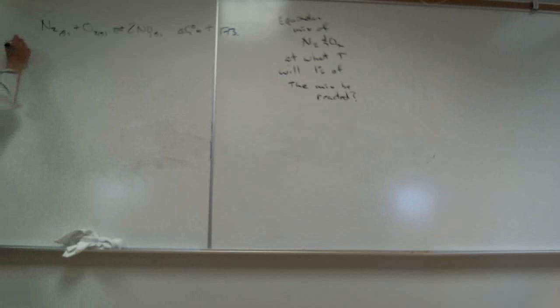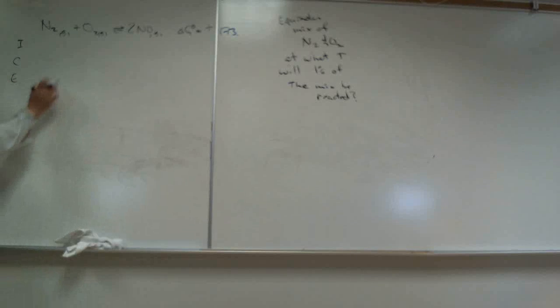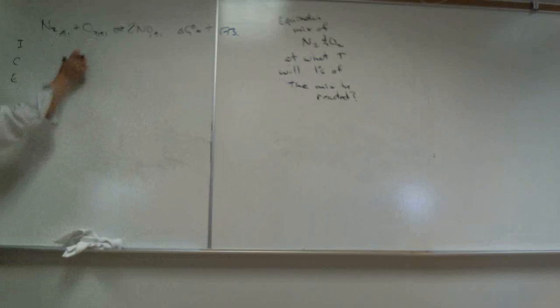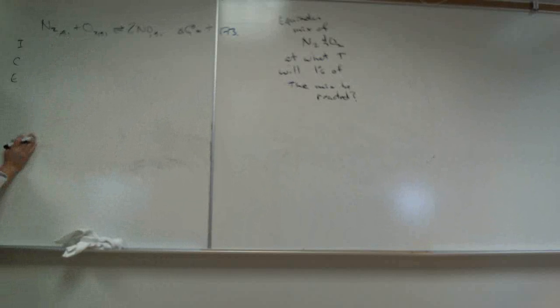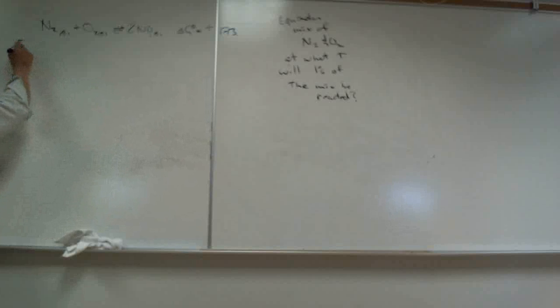And so here we're going to just set up an ICE table. What we want is 1% reaction to occur and then stop. Therefore, at equilibrium, we should have a case where 99% of the nitrogen or 99% of the oxygen remains unreacted. And so what is the initial pressure of N2?